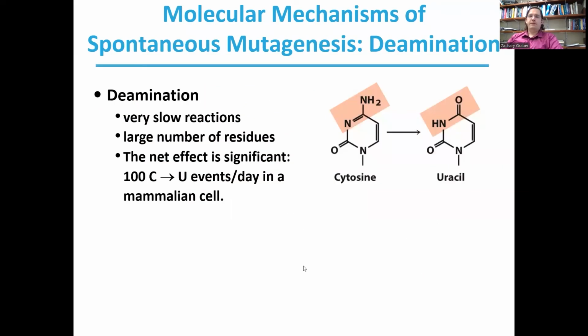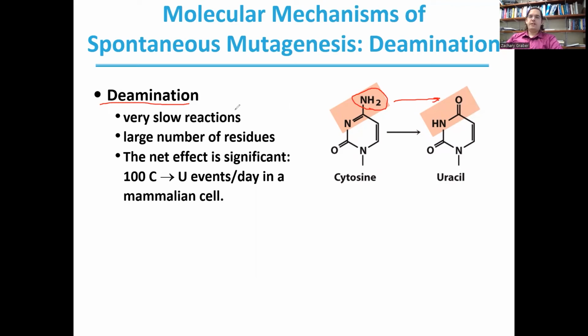There are many other possible chemical reactions that can change our DNA structure as well. The next one that I want to look at is deamination. Deamination is a slow reaction that will replace our nitrogen groups on bases with a carbonyl. So in the case of cytosine, if we replace that nitrogen with our carbonyl, we produce uracil.